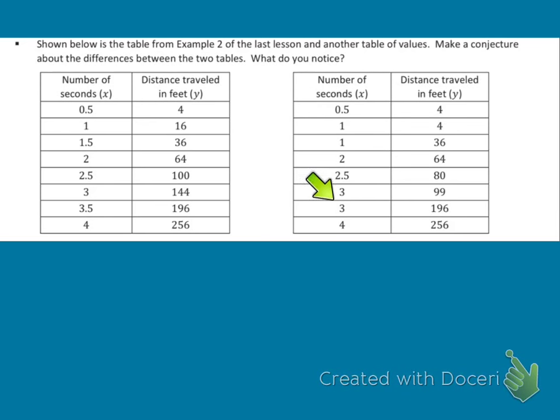But if I come over to this table, I could see for 1 second the stone has traveled 4 feet. And then also again at 1 second, the stone has traveled 36 feet. And then down here, for the value of 3 seconds, I've also got 2 different predictions for where that stone's going to be.